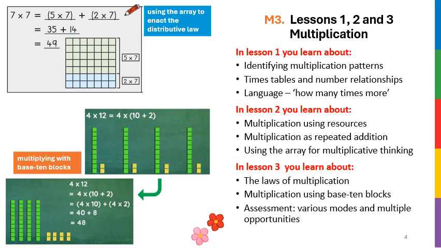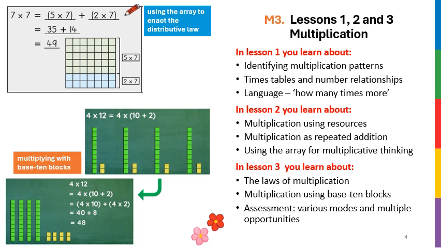What that array shows, firstly, it's a 7 by 7 array. That means 7 rows and 7 columns. The first 5 rows are colored green. So that shows 5 rows and 7 columns, and that links to the calculation 5 times 7 is 35.